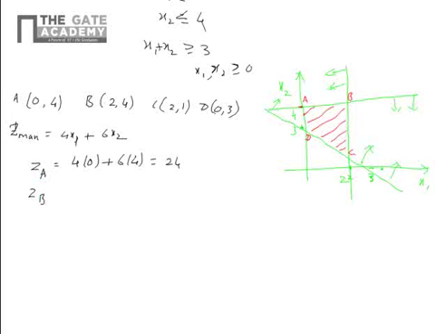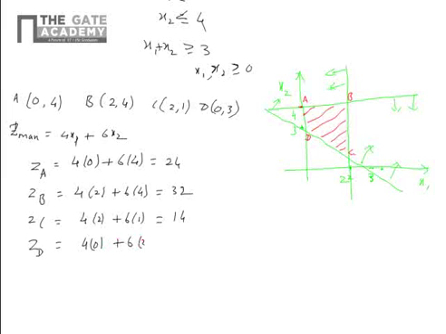Similarly ZB, 4x1 plus 6x2, is 32. ZC, 4x1 plus 6x2, is 14. ZD, 4x1 plus 6x2, is 18.